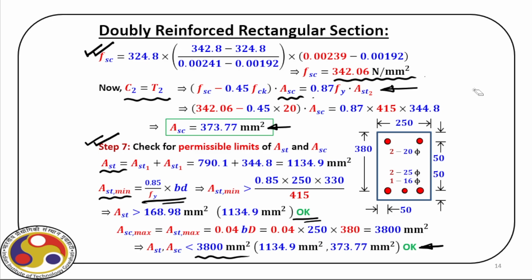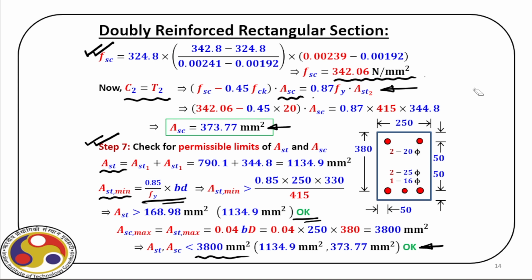So this example completely shows you how to solve the doubly reinforced section, how to evaluate the location of the neutral axis, and then systematically find out the moment of resistance. We prefer to evaluate the moment of resistance from the compression, and then we have to find out the steel in the tension zone.